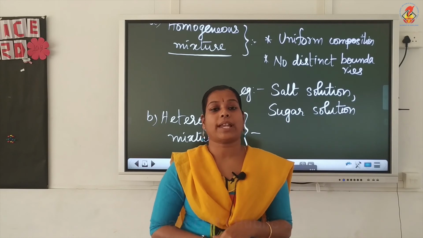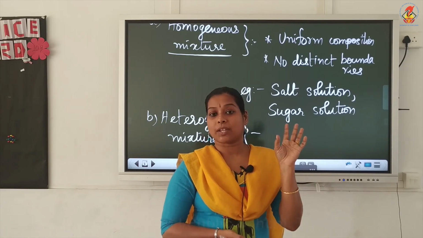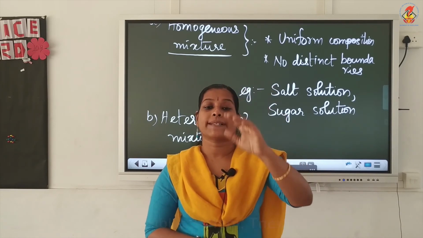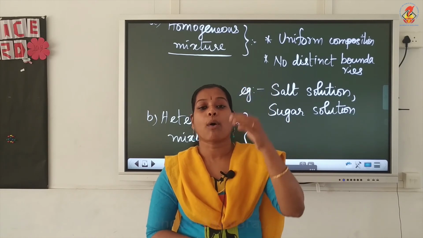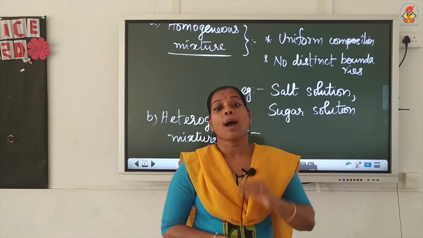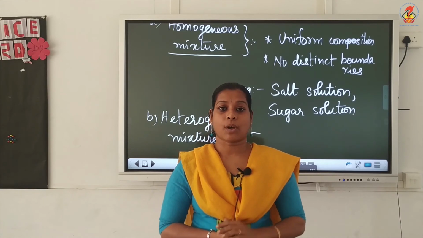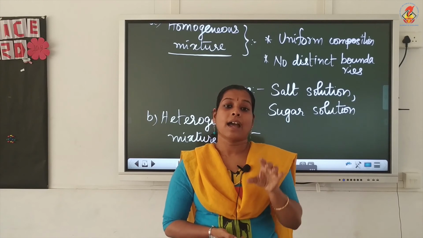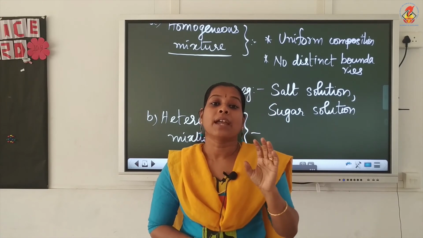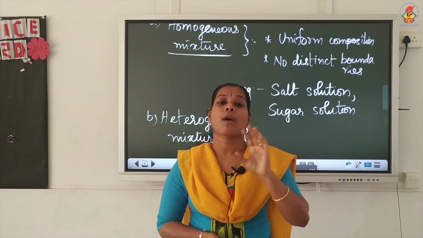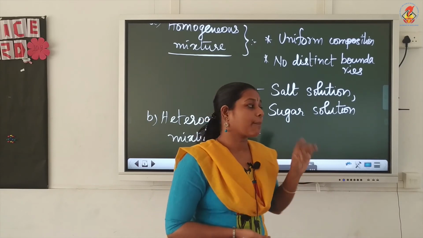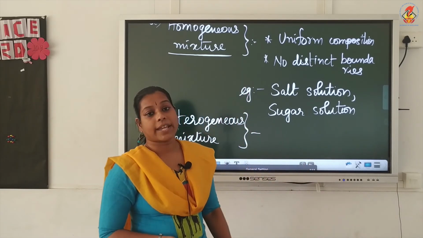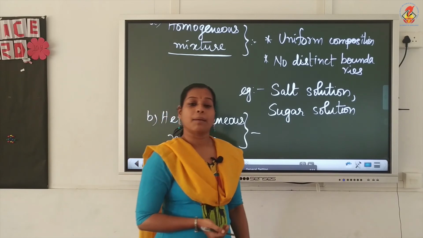If you mix oil and water, it will remain a mixture, but the oil layer will separate at the top and the water layer will be at the bottom. So different layers are separated, distinct boundaries are there, and they do not have any fixed uniform composition. These types of mixtures we call heterogeneous mixtures.